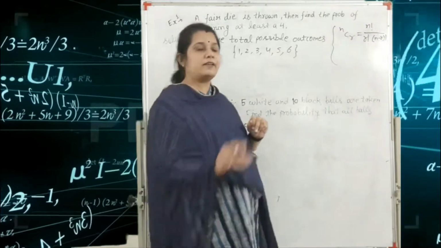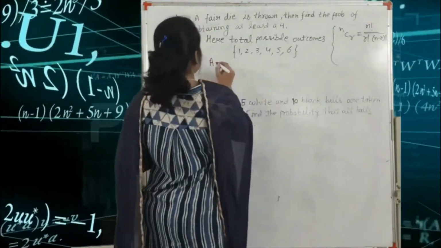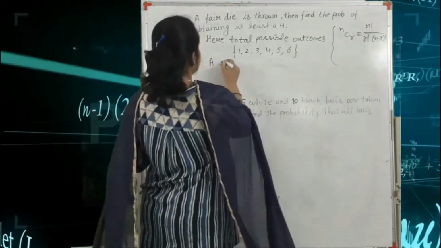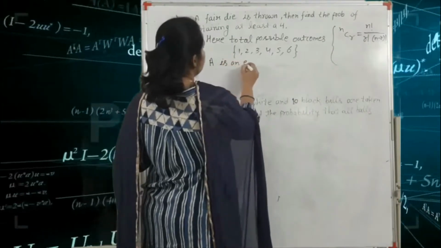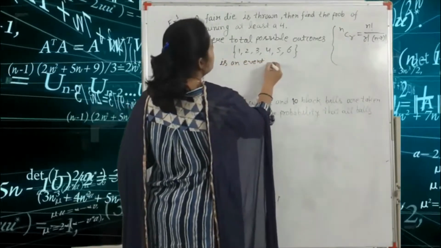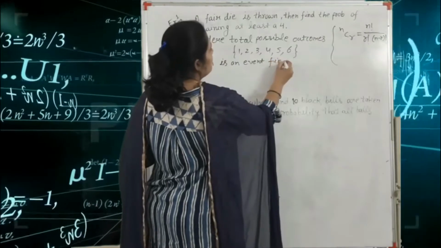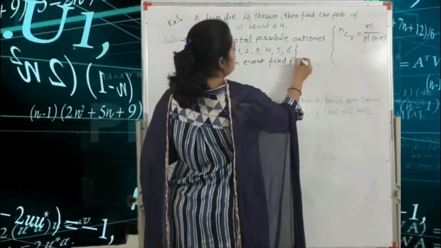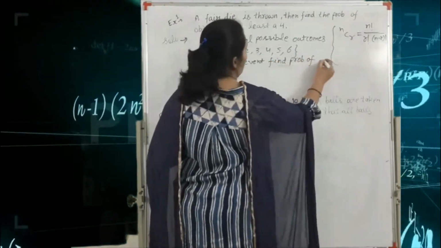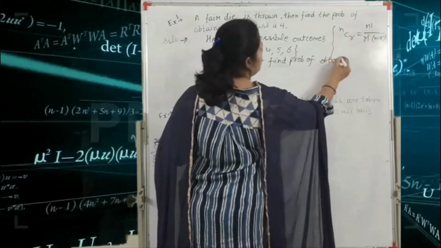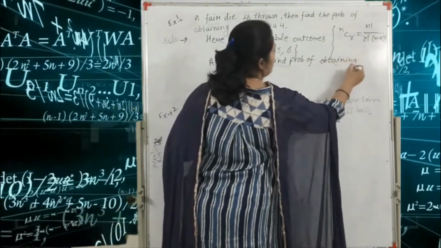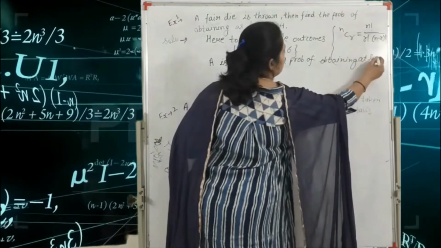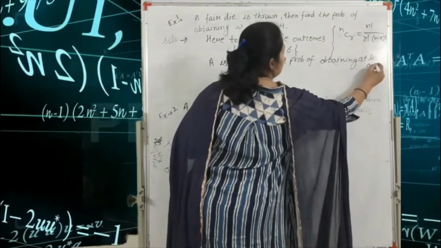Here we first consider the event A. A is an event: find the probability of obtaining at least a 4.